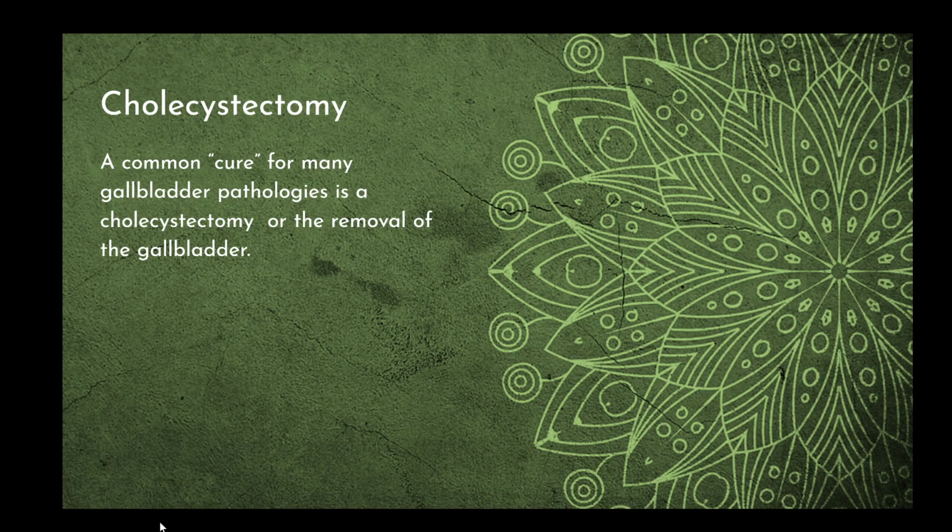Anyway, cholecystectomy, once it's gone, it does make some changes. We talked about how it makes the common bile duct a little bit bigger, and that's because a few things happen. The sphincter of Oddi gets kind of loosey-goosey, and so it no longer holds the bile back like it did when the gallbladder was there. So the common bile duct starts to enlarge and kind of holds more of the bile, because now the intra-abdominal pressure is causing that bile just to kind of free flow out of the liver.